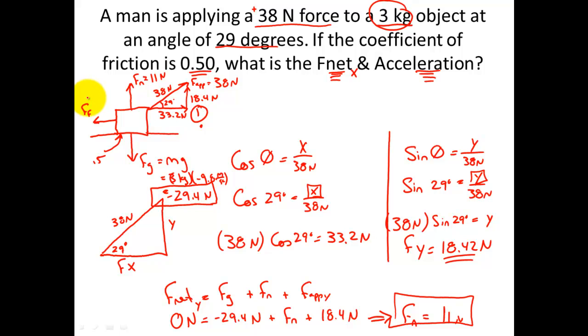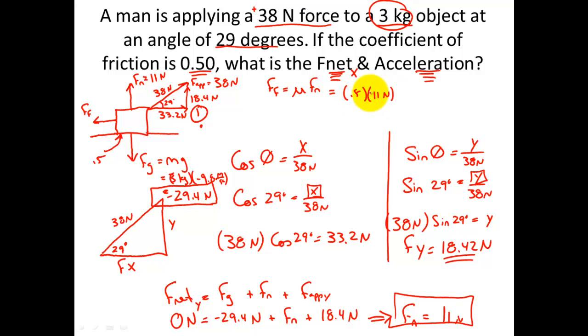The next place we're going to go is the force of friction. The force of friction is going to be equal to mu times the normal force. And I'm going to continue to work this problem out on this side here. Mu, or the coefficient of friction, is 0.5. So we're going to have 0.5 times the normal force. The normal force is 11 newtons.